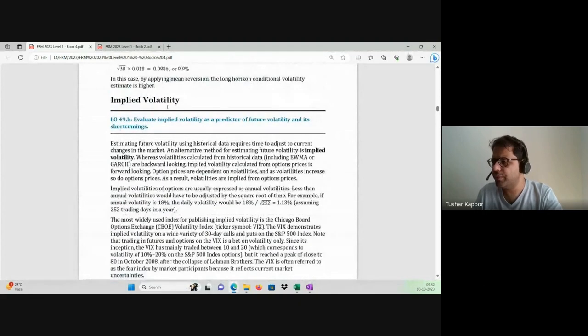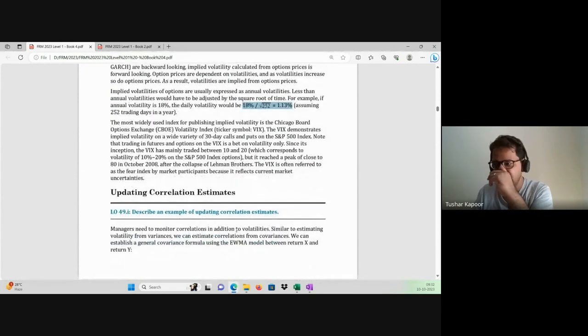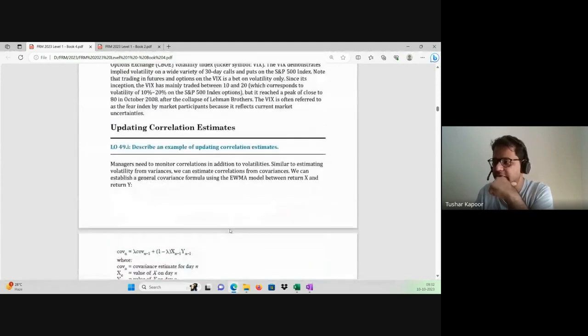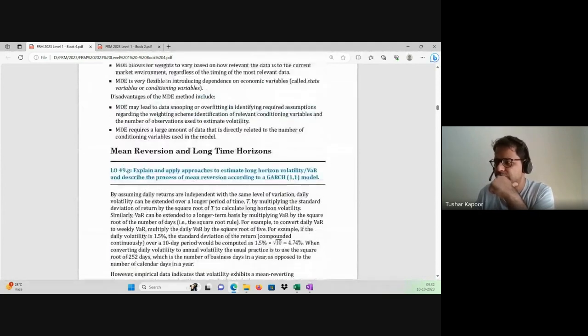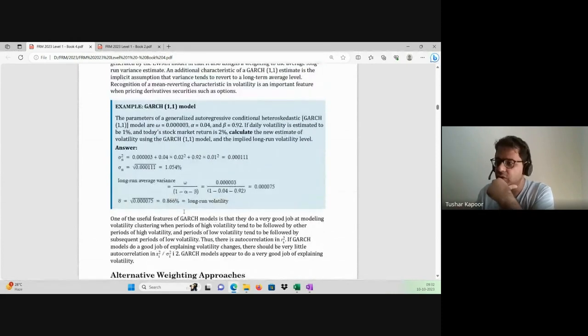So we have covered the topic on implied volatility as such. Implied volatility, like any other volatility, can again be scaled up and scaled down, and that is what they have mentioned here. How do you scale up and scale down? Now, I think MDSE is something which they've mentioned here, which is not actually relevant here, to be honest.